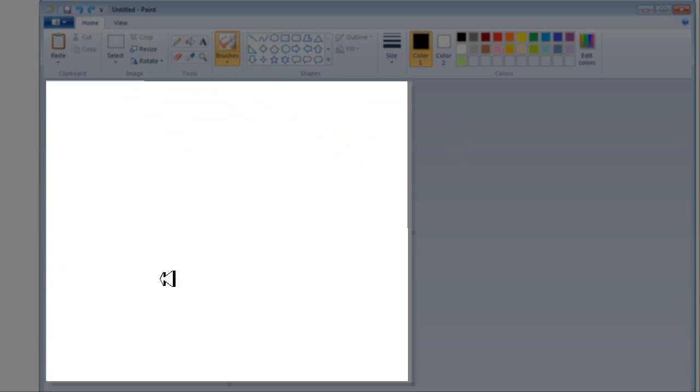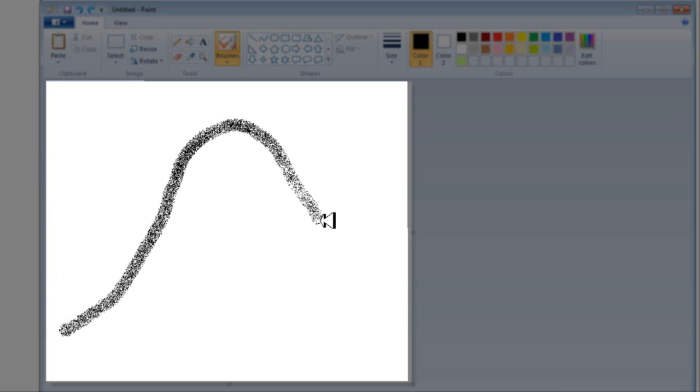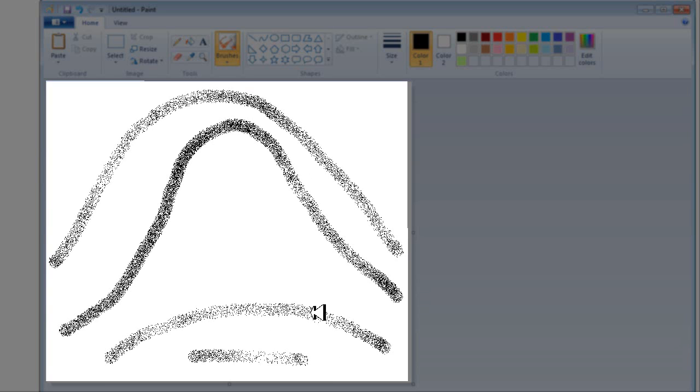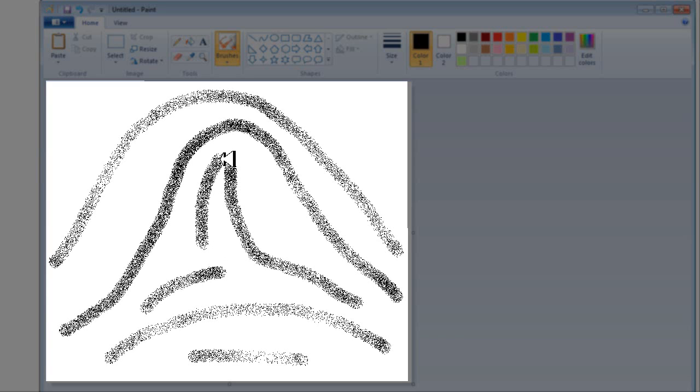Now, if I were to make a pattern where the ridges rise and tend to go up quicker and come back down, hopefully right away you're going to understand that I am going more towards the tented arch pattern here.